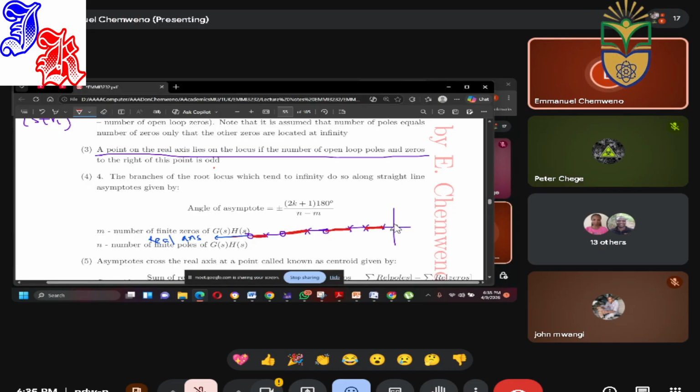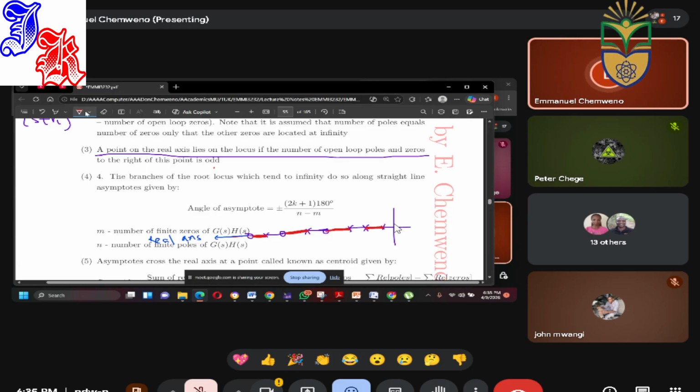It is the sum of poles and zeros on the real axis. So this is the locus. This pole has terminated at a 0. This pole has terminated at a 0.